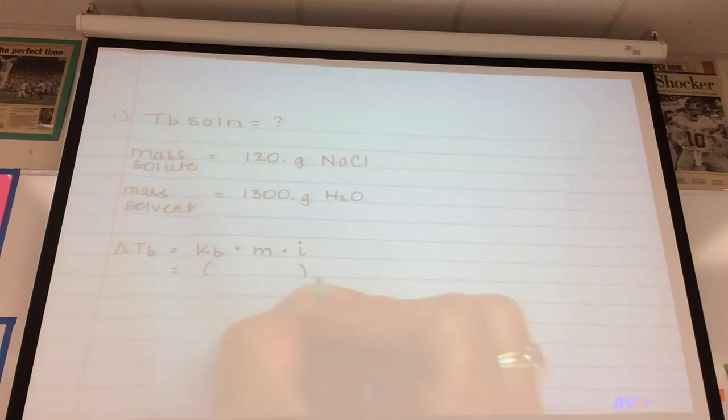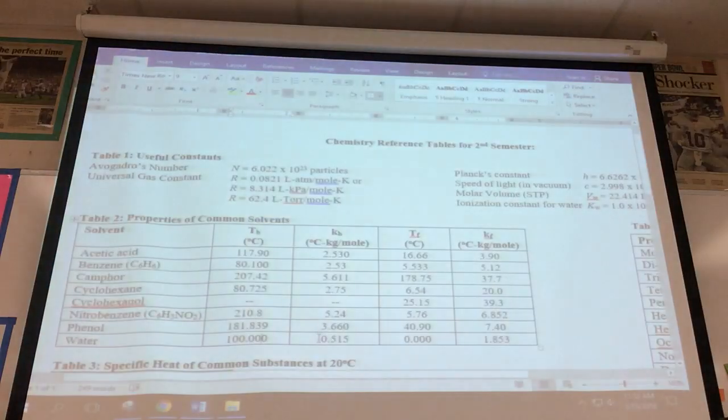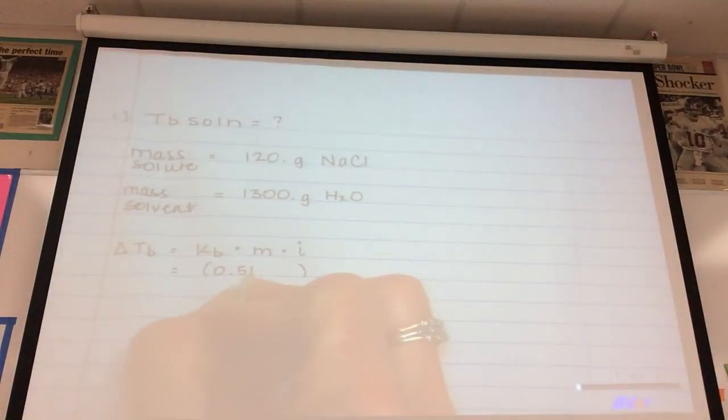Back of the periodic table. What's our solvent? Water. So we look at water, and our molal boiling point constant is right there: 0.515 degrees Celsius times kilogram over mole.